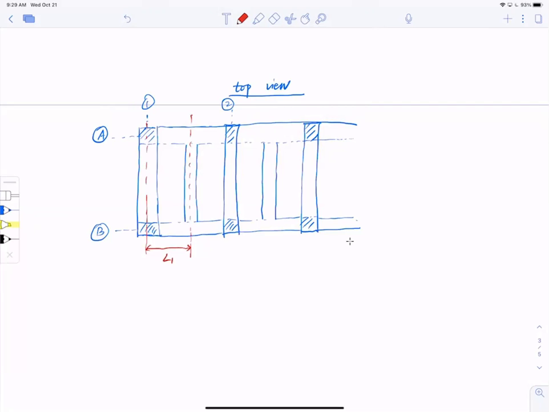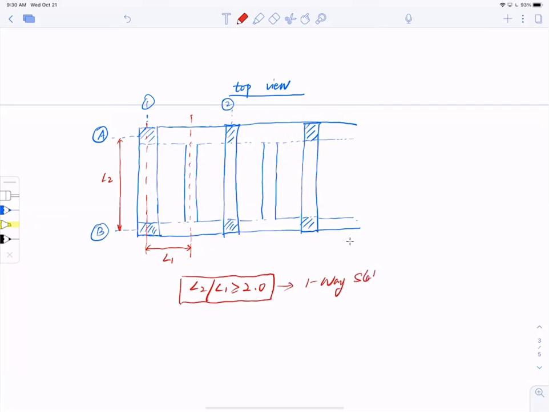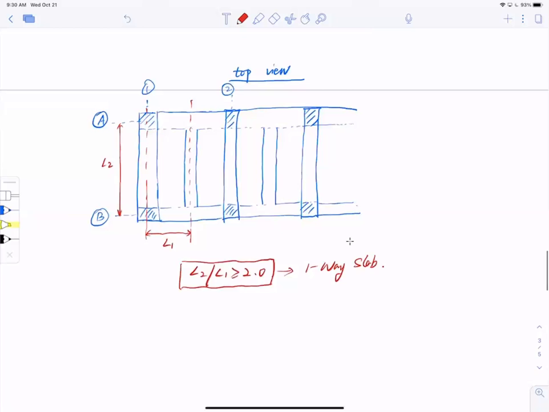And I have the distance here, and this is called L2. Now once I satisfy the condition L2 over L1 is bigger than 2.0, I can call this a one-way slab. So this is the one-way direction.